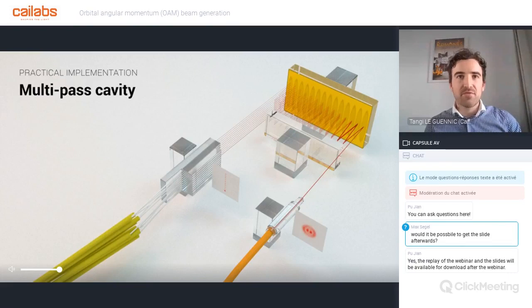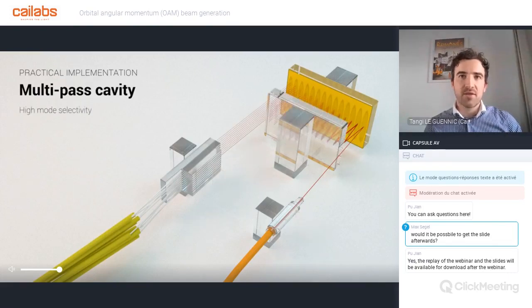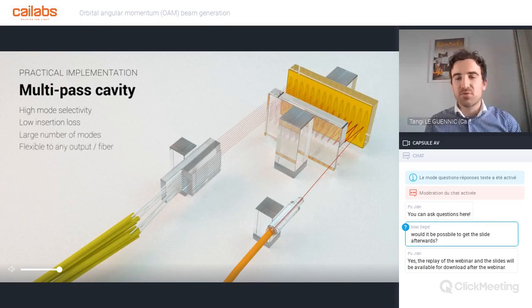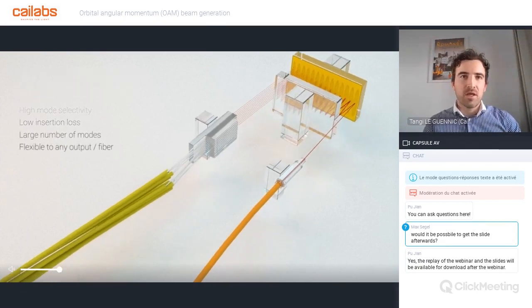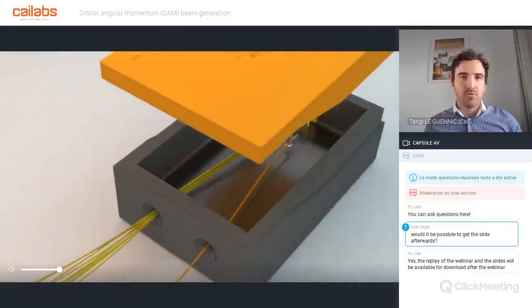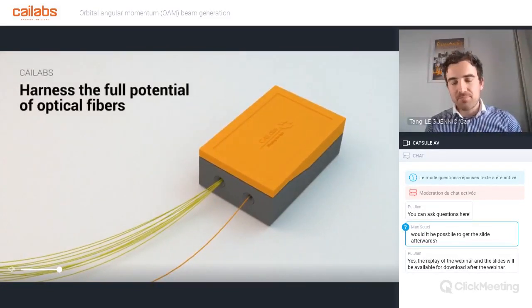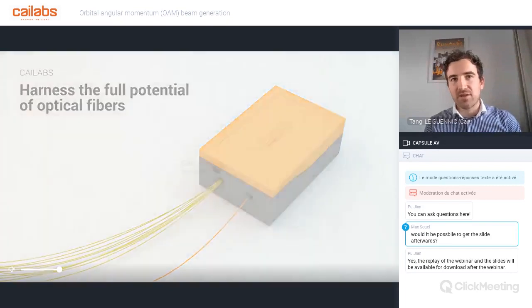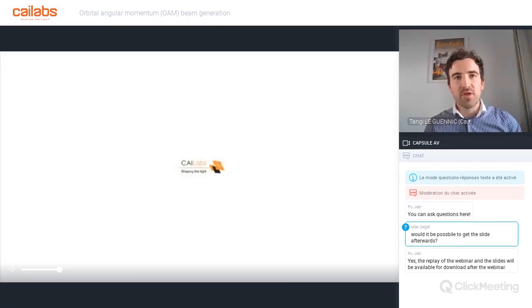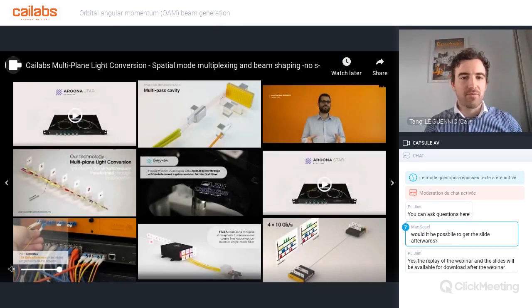You can also modify the fibered element to free space optics, and you can have a lot of different configurations which correspond to different applications. So Proteus is created from this technology, where we have inserted the MPLC block inside a kind of box in order to be used easily by everyone.